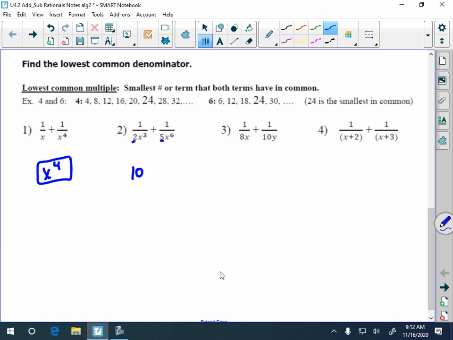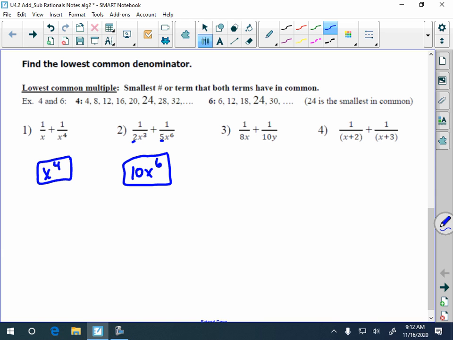They are the same variable, x's, so again, we take the highest exponent. X to the sixth is higher than x to the third, so bring down the x to the sixth. It's just like a multiplication, 10 times x to the sixth. So 10x to the sixth is the lowest common denominator between these two denominators. You try to take these in pieces, and then you just multiply them together.